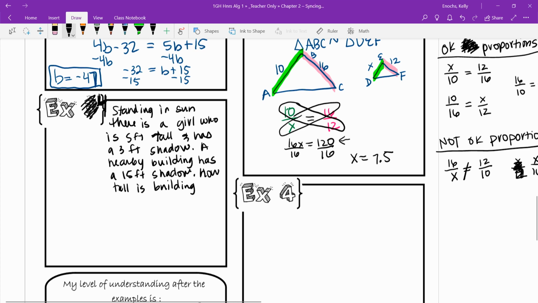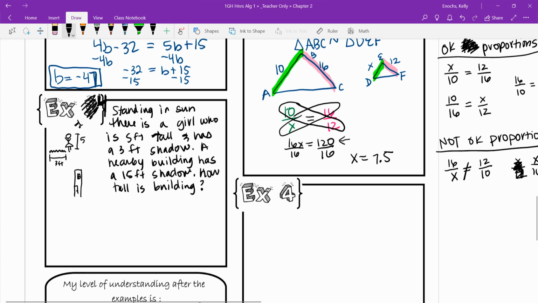So for this problem, you'll notice that we are going to create two similar triangles. And with those similar triangles, then you're going to have, again, matching parts. So if I draw my girl and her shadow, this length is 5 feet tall. This shadow is 3 feet tall. Remember, the sun would be over here somewhere. Nearby, there's also a building.